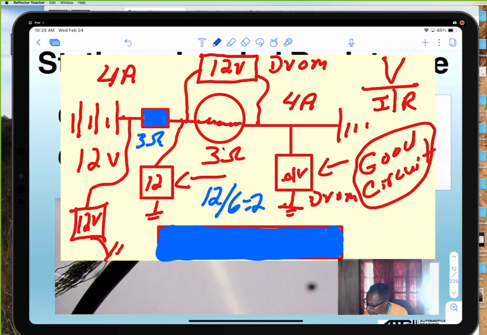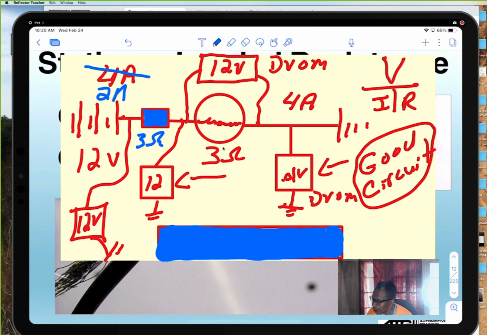It's 12 volts divided by 6 ohms equals 2 amps. So we just took our 4 amps and sent it down to 2 amps.